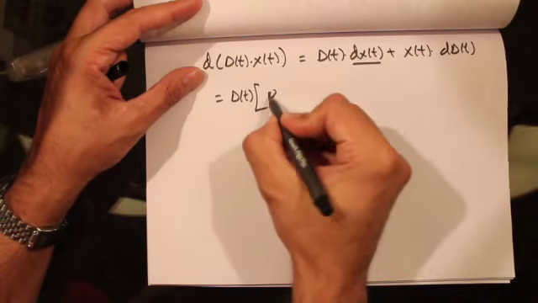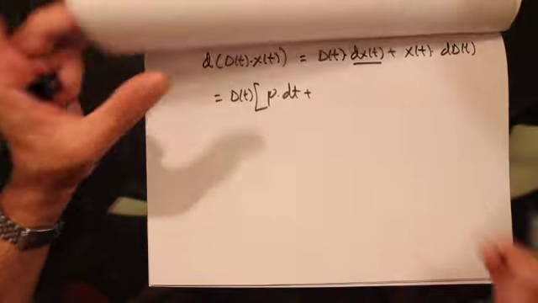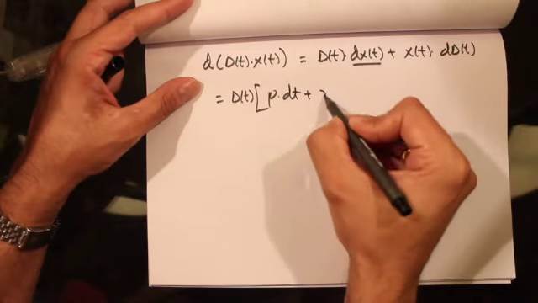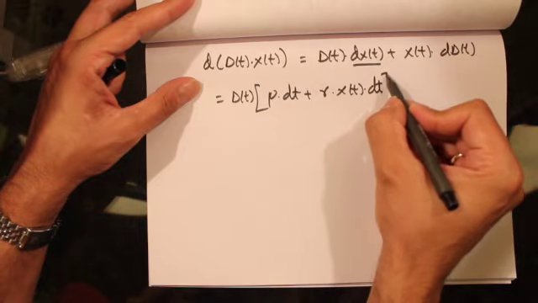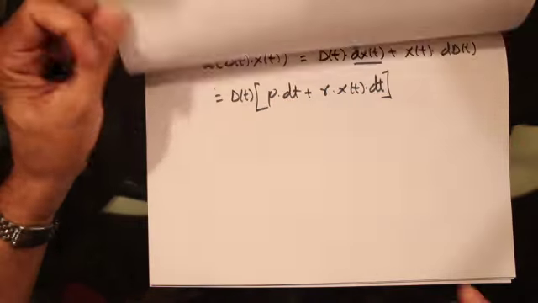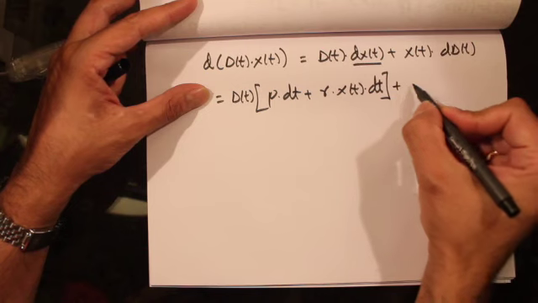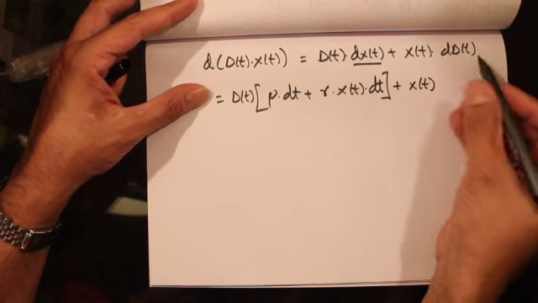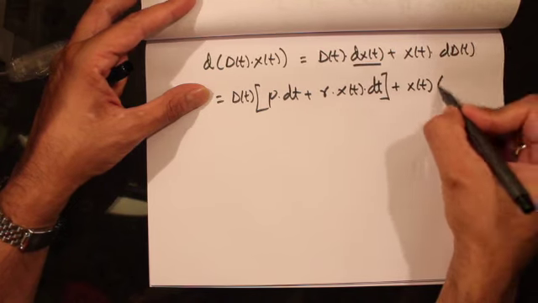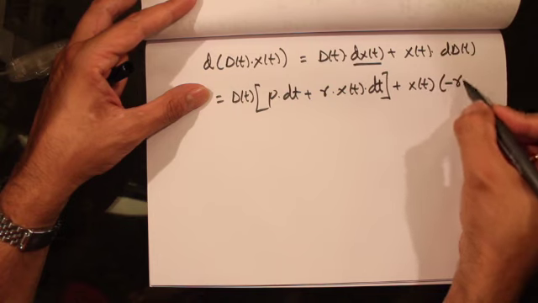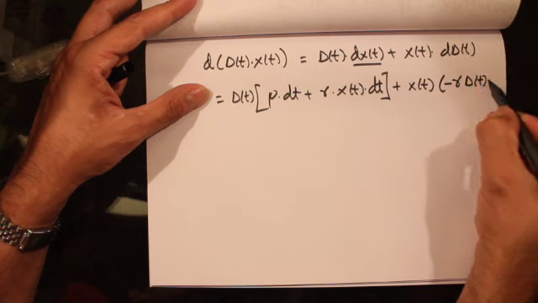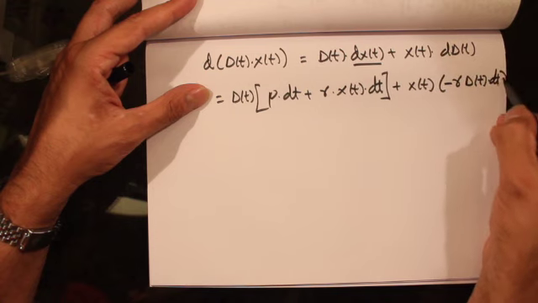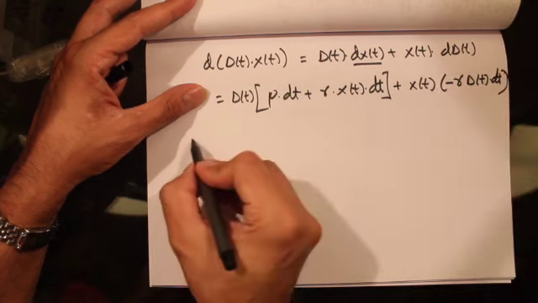It's basically mu dt plus r x of t dt, right? That basically comes from here, and we are left with xt. Now d of d(t) is, if you remember, given by minus r, it's constant here, times d(t) dt, right? That basically is what we're going to get.